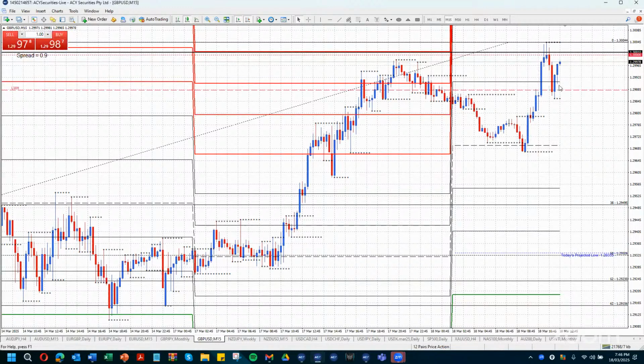But looking at price action, say this is last week's high. Yesterday we tried to move above it and we moved below. See how today we traded above it again. We've obviously hit 130, but see this pullback, it's getting support on last week's high.